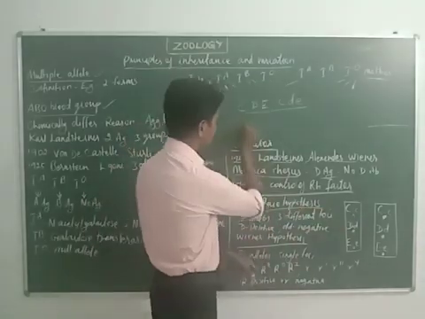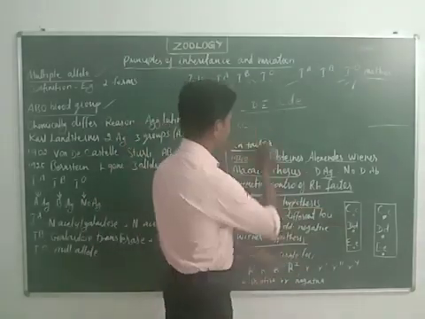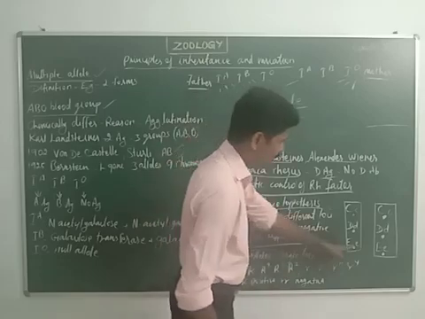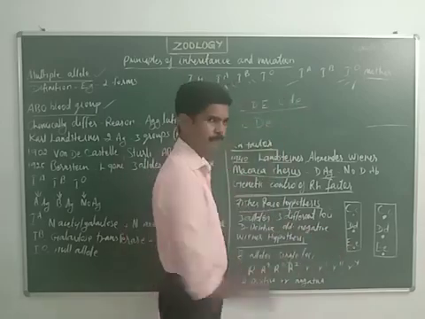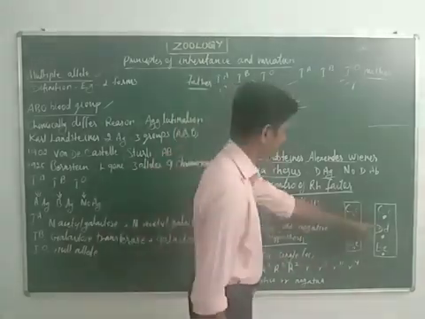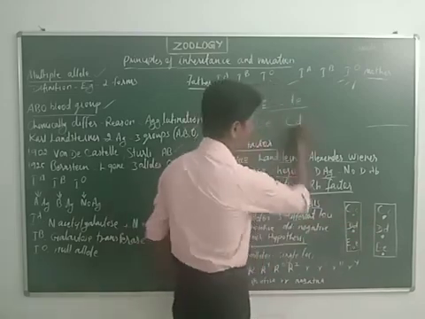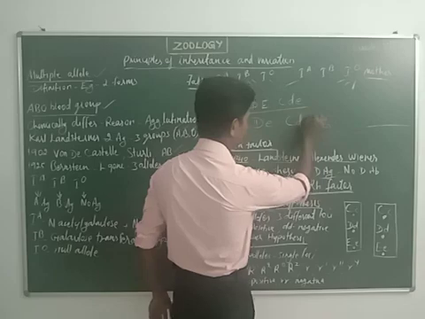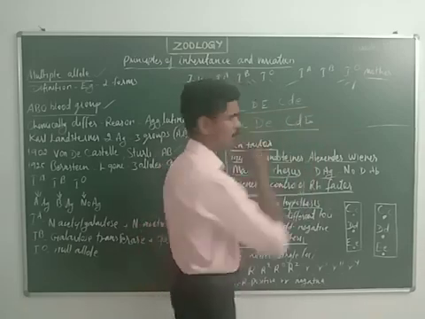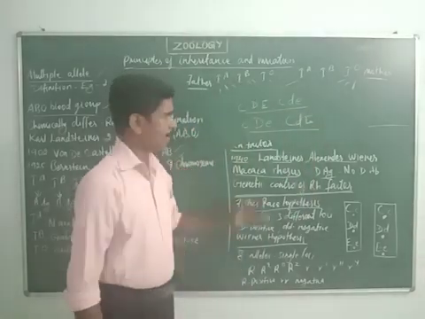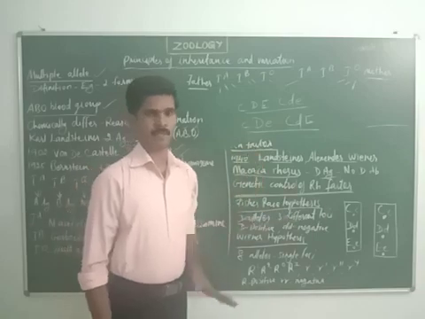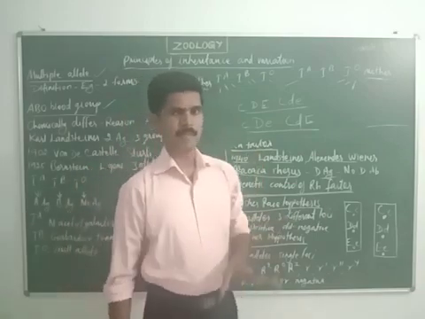From here I take small c, then capital D and small e. Then from here I take capital C, small d, and capital E. So this is another genotype. Like that we can draw many genotypes.